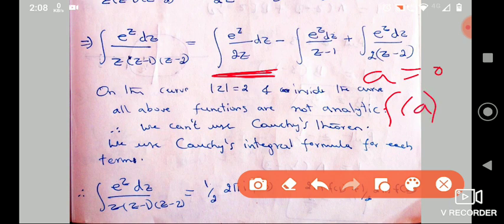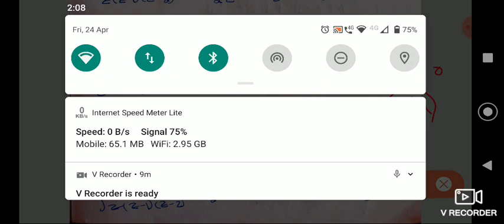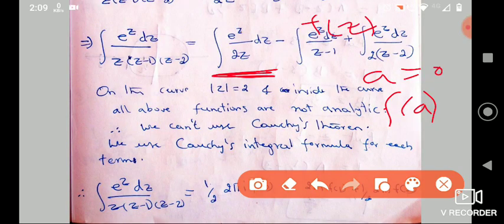So f of a, that is f of 0, will be e power 0. Wherever z is there, substitute 0, so f of a will be 1.